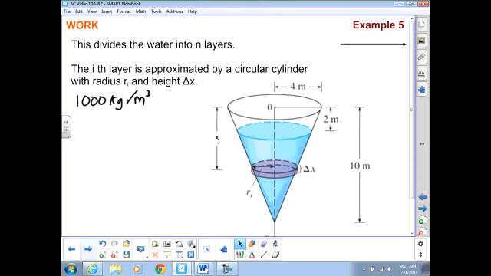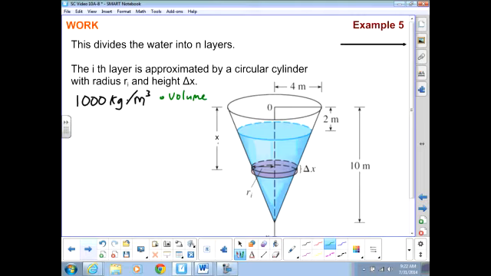Well, kilograms is our mass unit. To get rid of the meters cubed on the bottom, we need to multiply this by some volume. When we do that, the meters cubed will cancel out, and we'll have just a kilograms amount, which will be our mass, which we can then work to get towards our force and then our work.